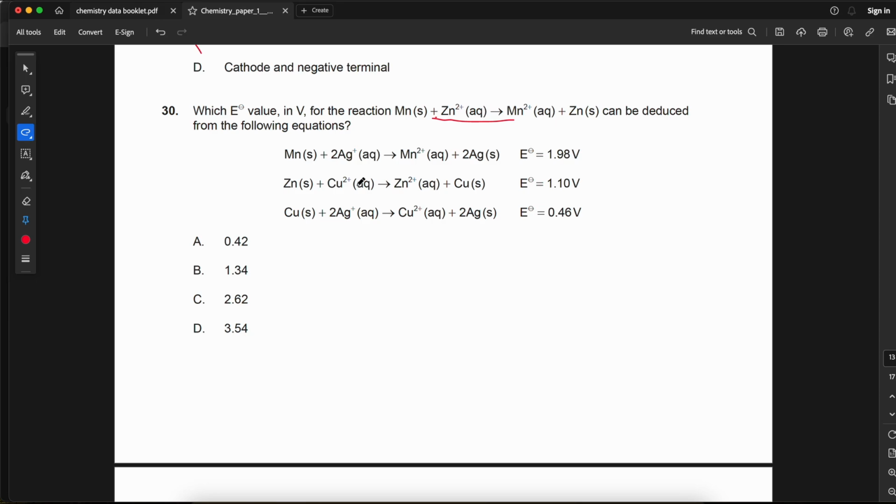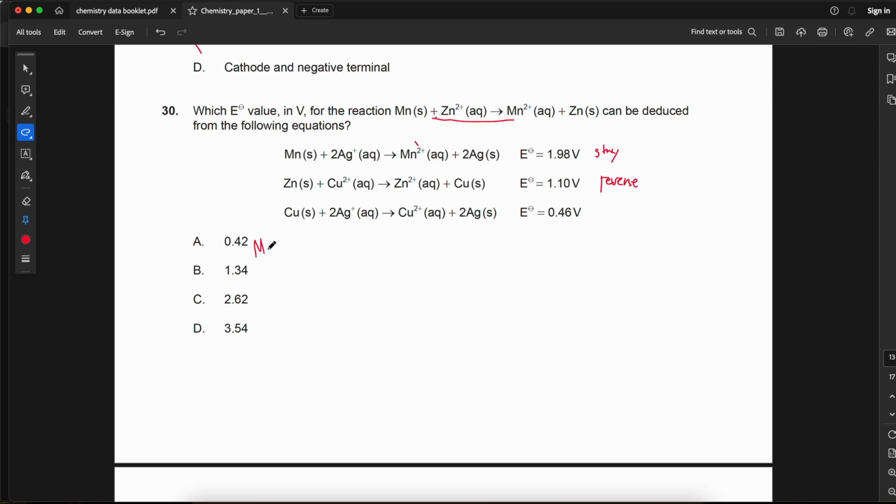We have Zn2+ on the right side, Mn2+ on the right side, that's correct, and then zinc solid is on the right side, but here it is on the left side. Therefore, we need to reverse this reaction.